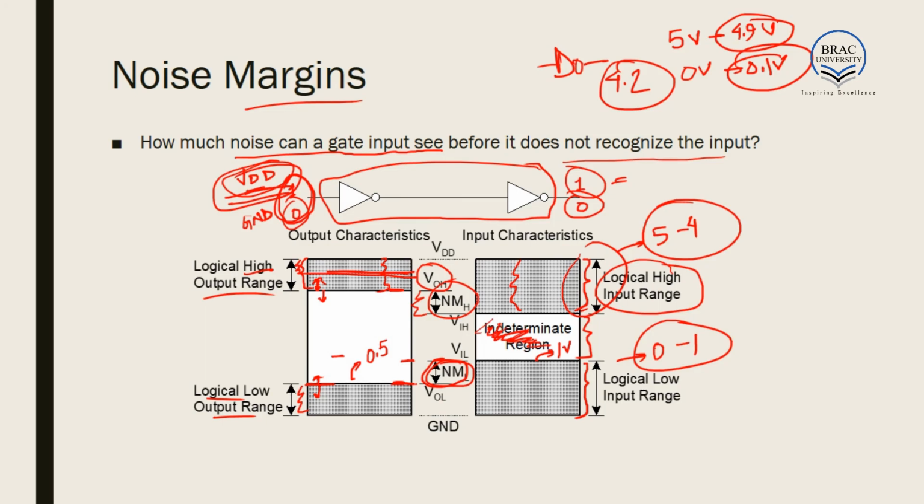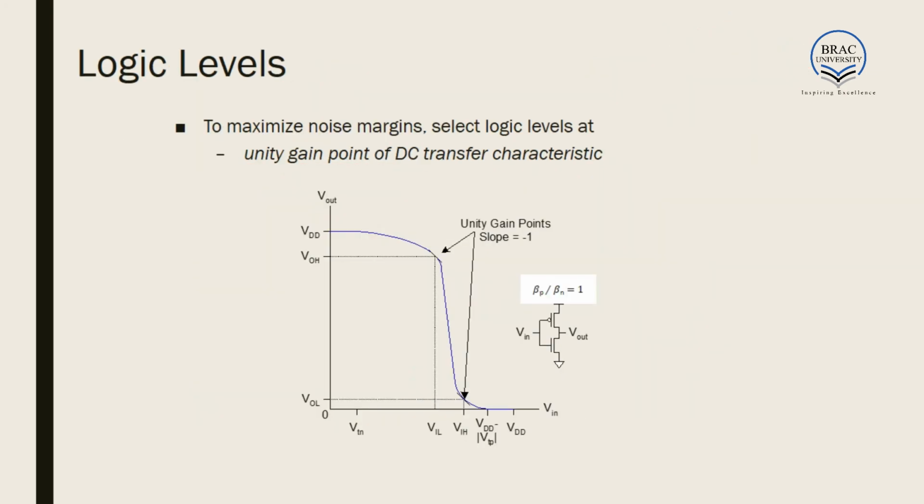As a result, we have to design in such a way that the lower and higher noise margins are high and maximum, not so high that the circuit does not operate properly, and not so low that it is intolerant towards the noise at the input. That is done by using unity gain points. So this is the curve for beta p by beta n equal to 1, and these are the unity gain slopes, that is, -1 gain here and here.